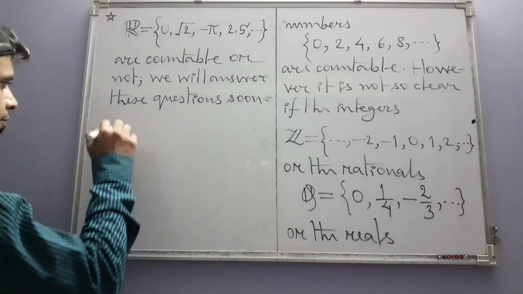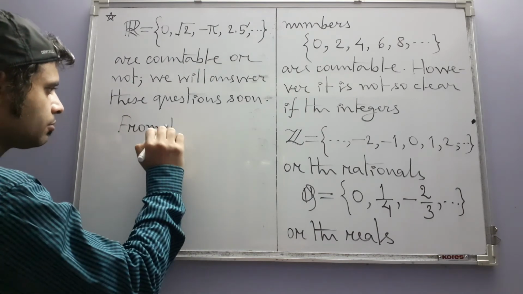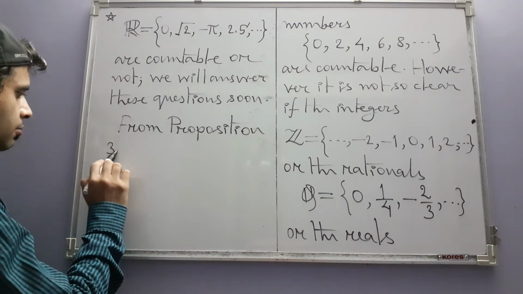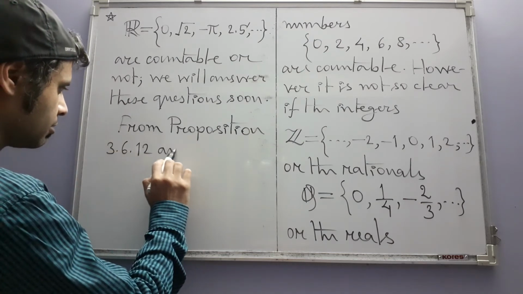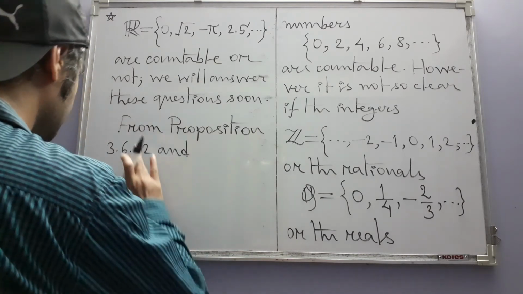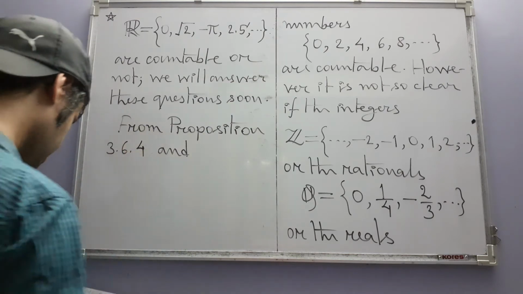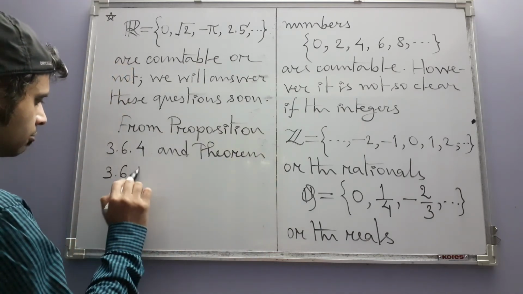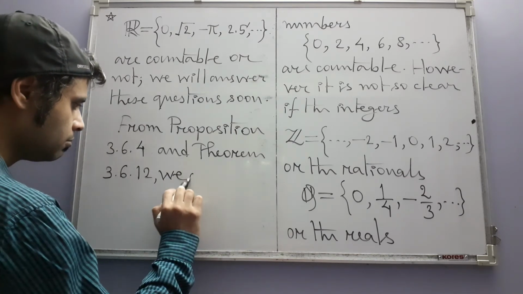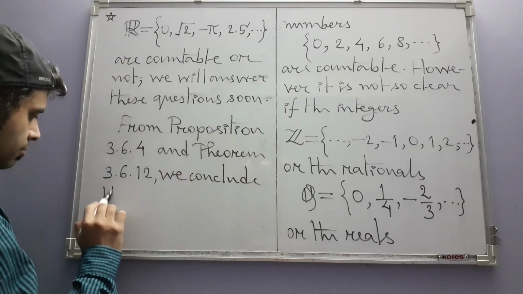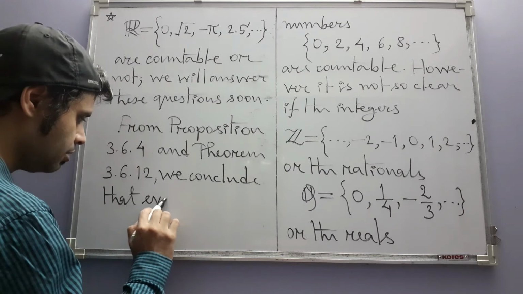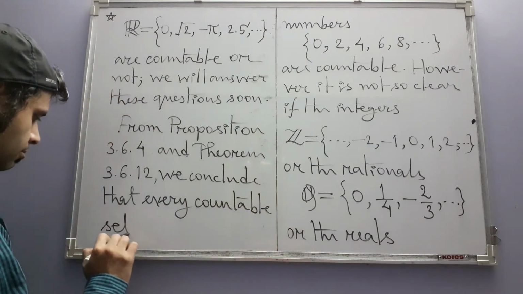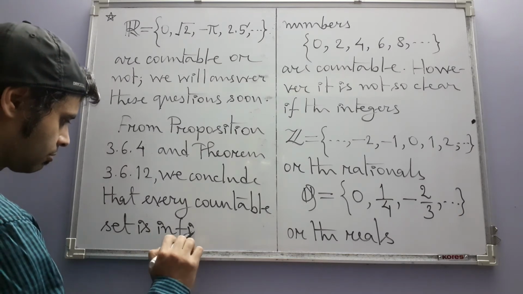Okay, now next, from proposition 3.6.4 and theorem 3.6.12, we conclude that every countable set is infinite.